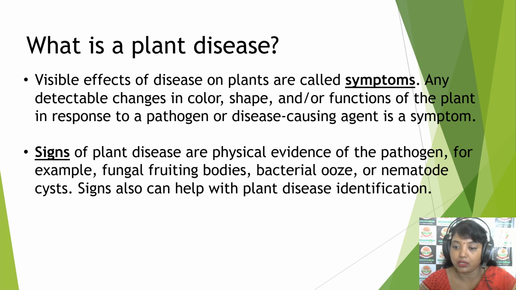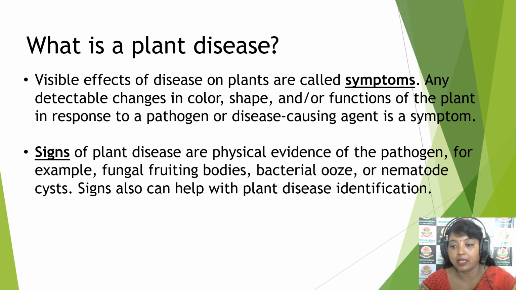When the pathogen is not detected, and spots, blotches, crinkling, twisting or drying are seen, that is called a symptom. A change in color, shape or function of the plant in response to a pathogen or disease-causing agent is called a symptom.